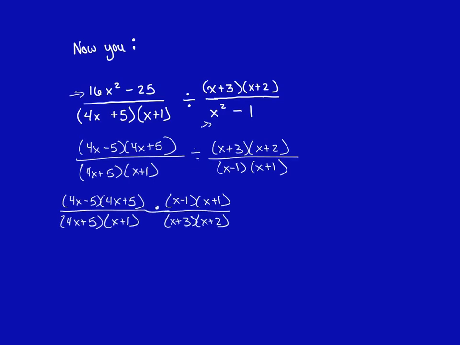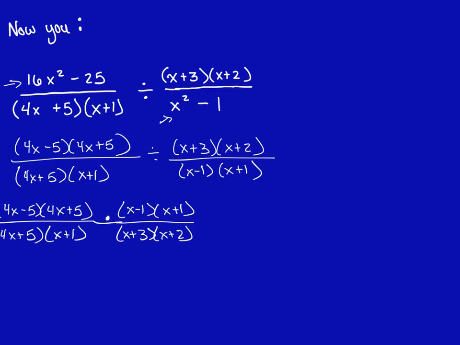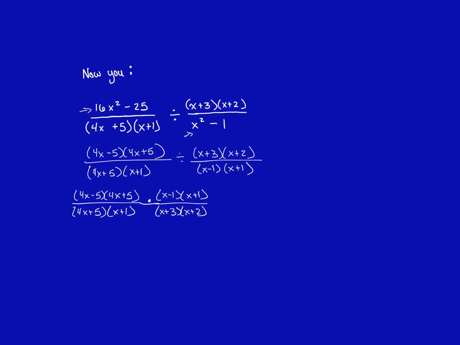Okay, it's multiplication. Let's find our critical values or restricted values. So 4x plus 5 equals 0, x plus 1 equals 0, x plus 3 equals 0, x plus 2 equals 0. So x cannot equal negative 5/4, x cannot equal negative 1, x cannot equal negative 3, x cannot equal negative 2.